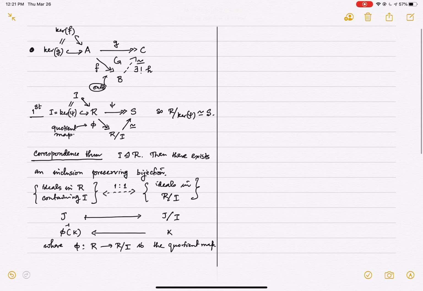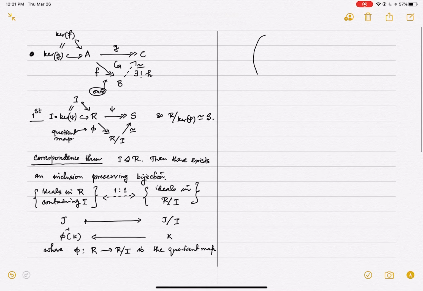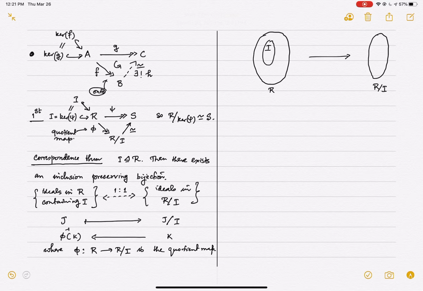So what this tells you, maybe I should draw a cartoon. Here is R, and here is R mod I. Here is the ideal I. When you quotient by I and you have this quotient map, remember x goes to x mod I, x plus I. The quotient map.